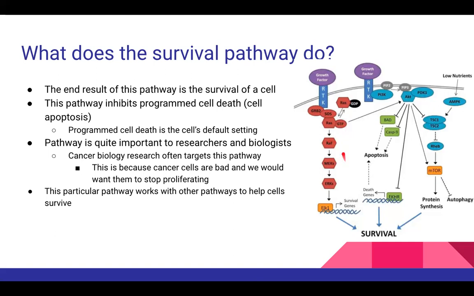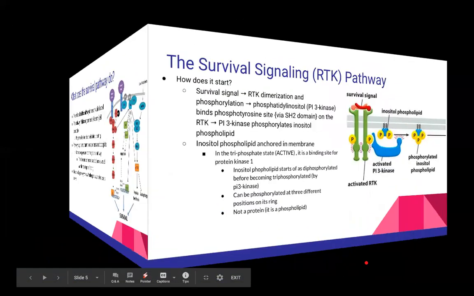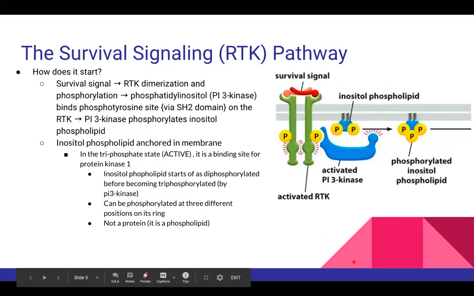You can see there's a huge group of other proteins here, and these are the survival pathway proteins, if you can recognize some of them. The pathway is in communication with other pathways to work together to get the end result of survival. And that's pretty much the purpose of the signaling pathway.